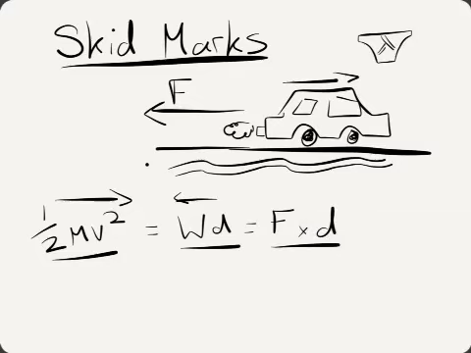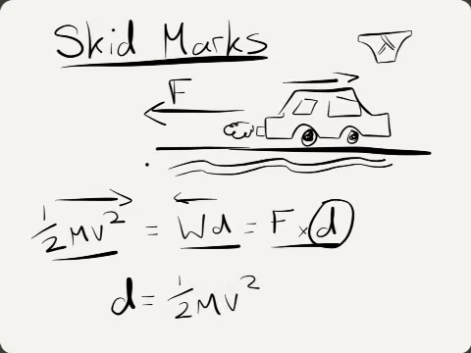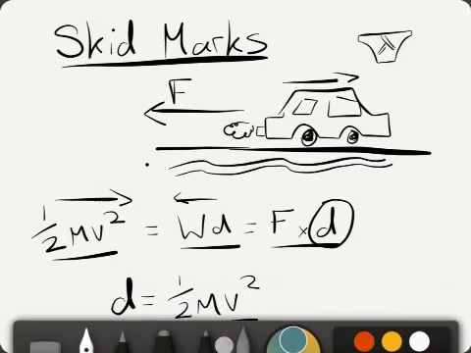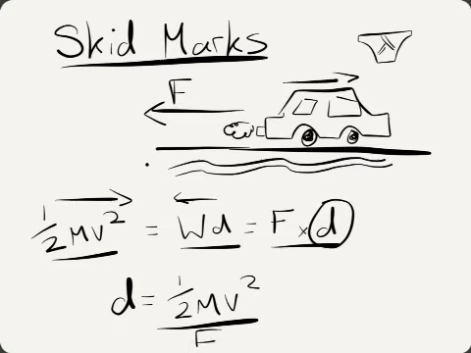So we've got our two equations. And then to find out how far we're going to skid, we just need to rearrange this equation. And what we'll get is d is equal to half mv squared divided by the force acting from the brakes.